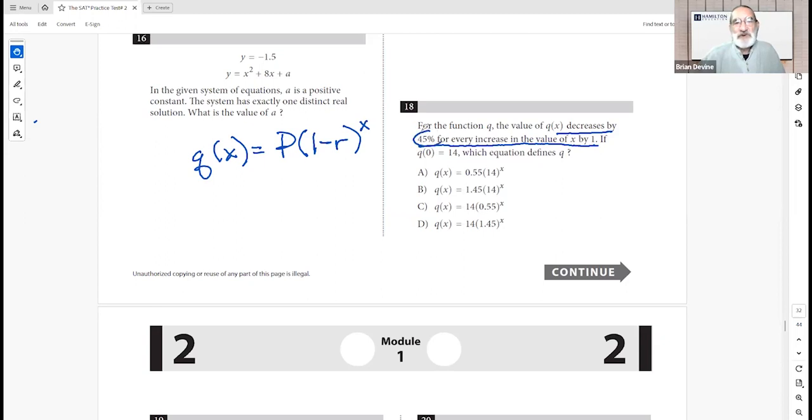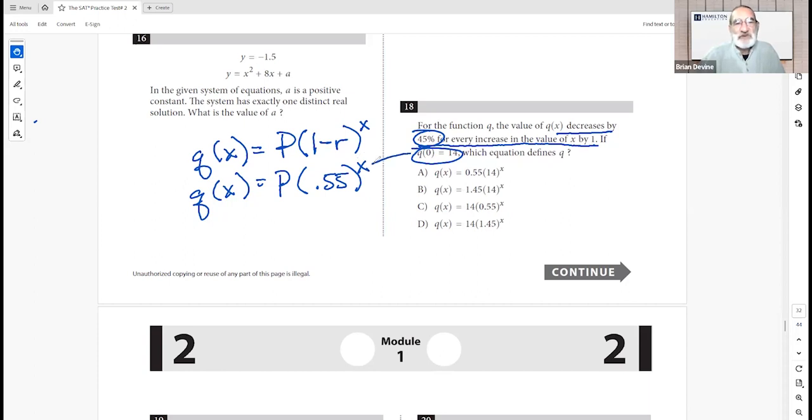And they give us the rate. It's 0.45. And they tell us when x is 0, well, that would mean we'd have q of x equals p times 0.55 to the x. There's 1 minus 0.45.